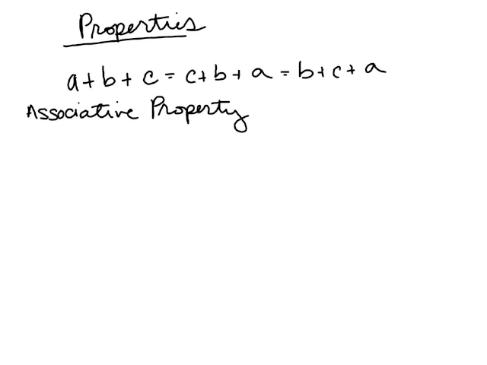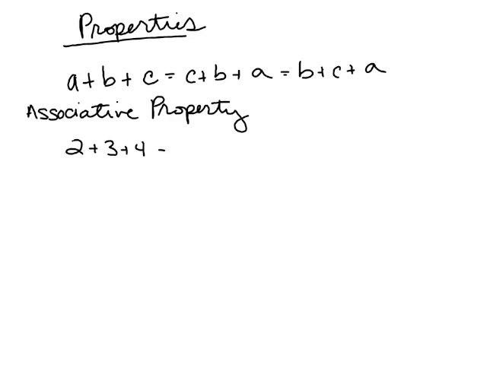And all that means is that you can rearrange. I can rearrange in any order that you want, as long as it's addition. So let's say that these were all equal to numbers. Let's say it was 2 plus 3 plus 4.